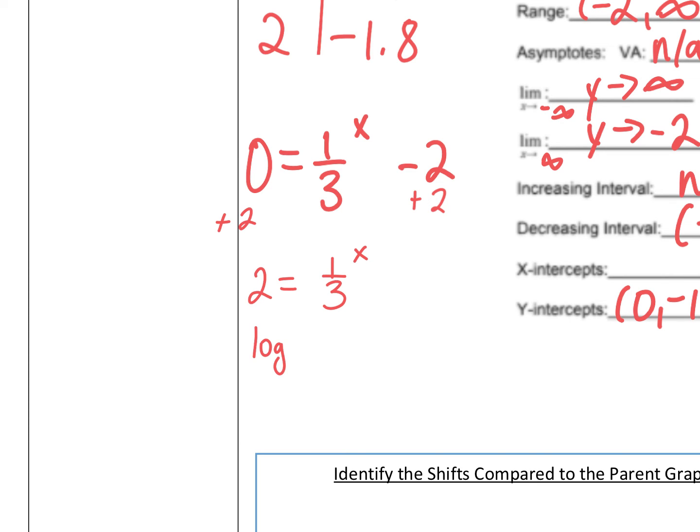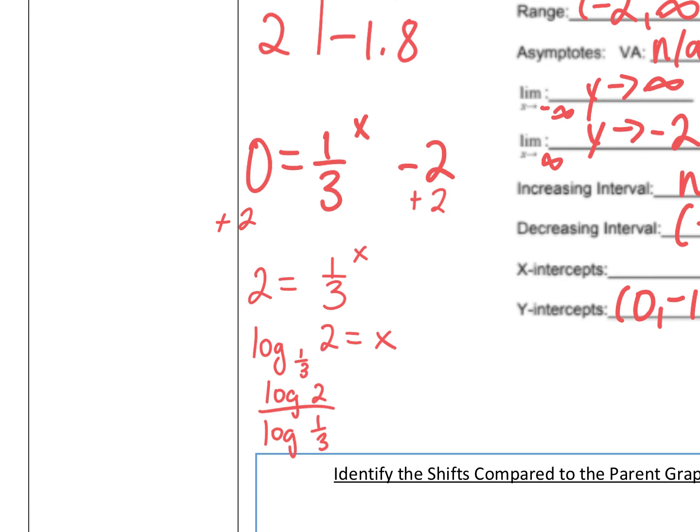Now I can set up a log. Log, my base you said was what? 1/3 of what number equals x. And I can solve that pretty darn easily in my calculator by just typing in log of a, which is 2, divided by log of b, which is 1/3. Make sure you close the parentheses on the 2.